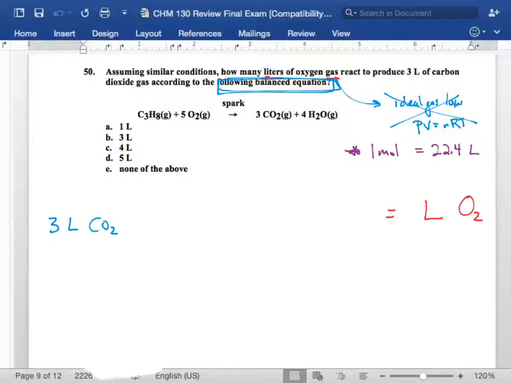Can I convert the substances directly? Mole to mole, I can convert the substances. Am I in moles? No. So I can't convert directly. I'm going to have to get that liters of CO2 converted into moles of CO2. How do I do that conversion?